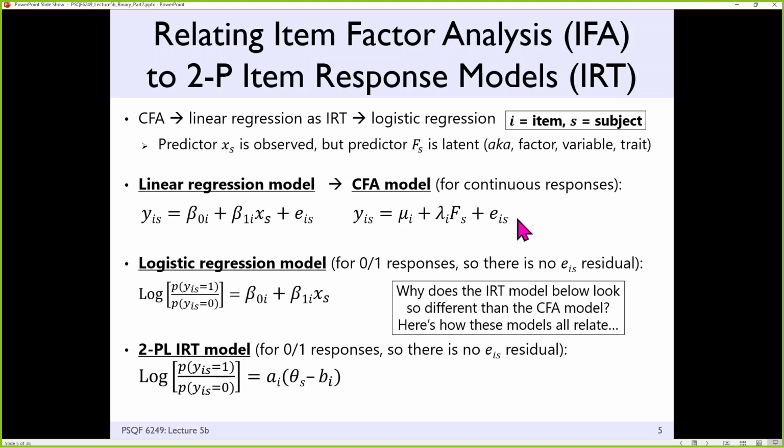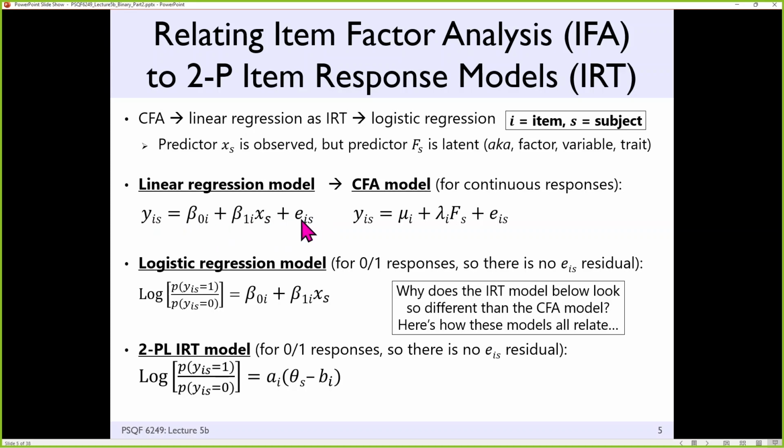Okay, so CFA is to linear regression, as IRT is to logistic regression. We are doing factor analysis on logits, but what we have so far looks nothing like factor analysis in terms of its parameterization. Here's how we reconcile these discrepancies. So if I write a linear regression model predicting y for each item in each subject from an item-specific intercept, an item-specific slope, x is my predictor, it varies across subjects, and I have an E residual because this is a continuous response, and so we have a separately estimated residual variance.